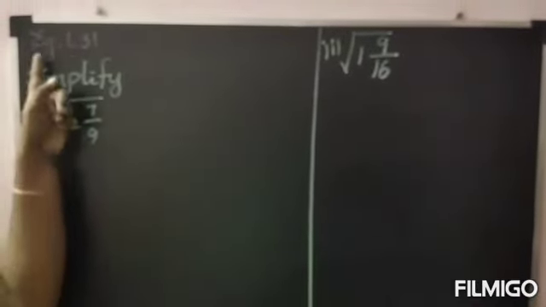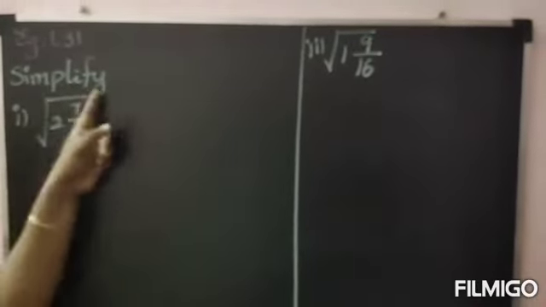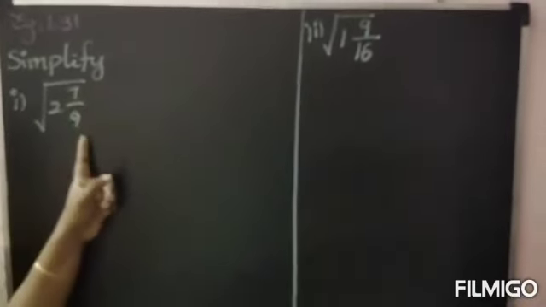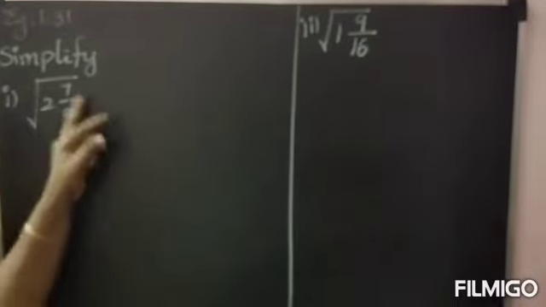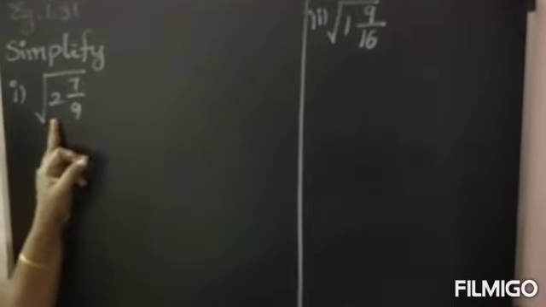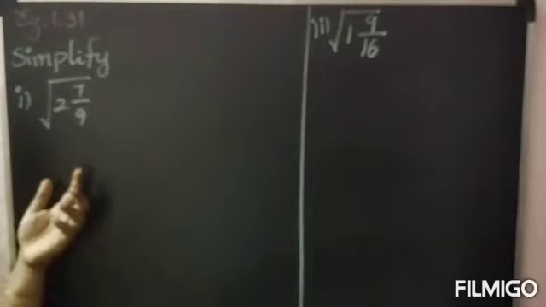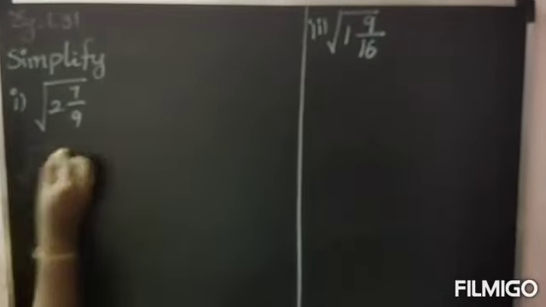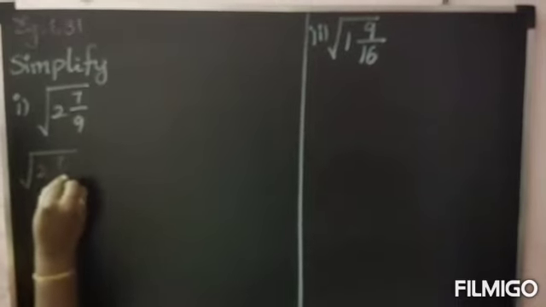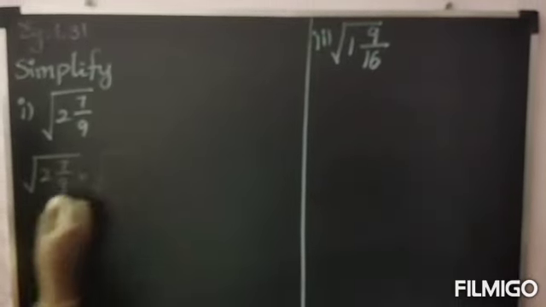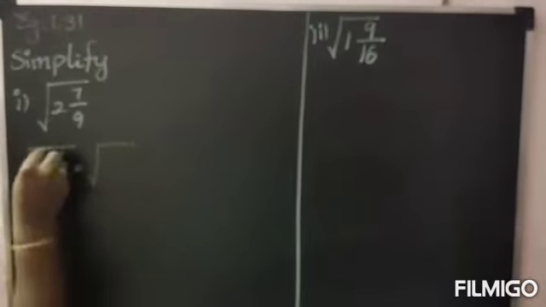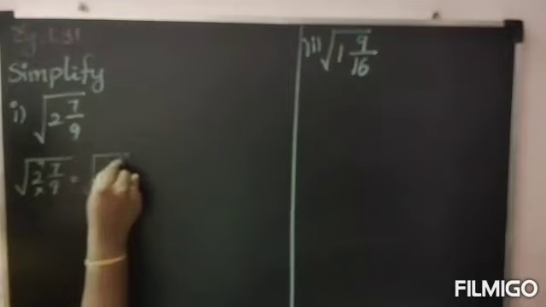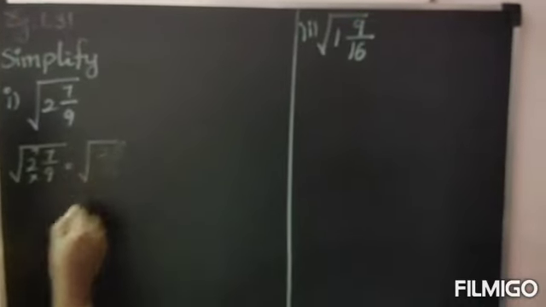So next sum, example 1.31, simplify. First one, square root of 2 7 by 9. In this square root you have a mixed fraction. First step, you have to convert this mixed into improper fraction. Write down the question first. 2 7 by 9 equal to, how to convert? Here you have to multiply, here add. 9 2s are 18, 18 plus 7, 25 divided by 9.